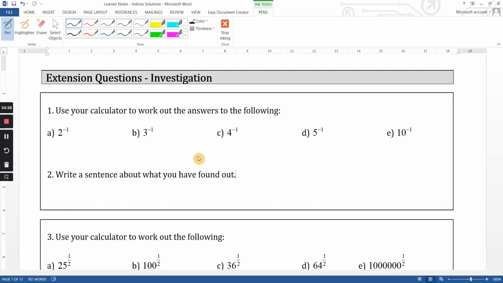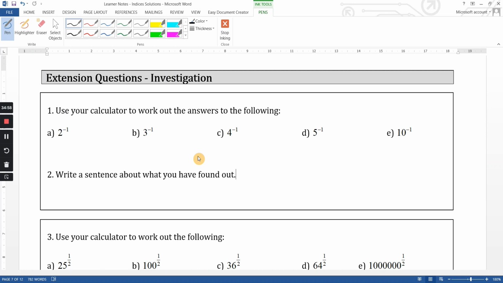Let's move on to the next section, which is to do with the 3 tricky rules. But before we do that, we're going to investigate with our calculator what actually happens when we type these fractional indices.